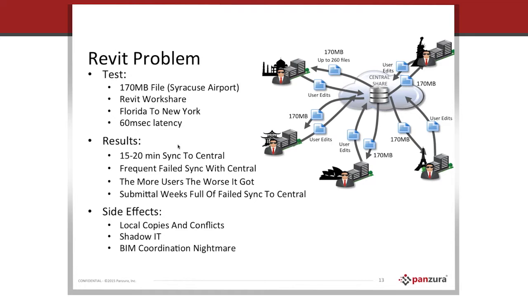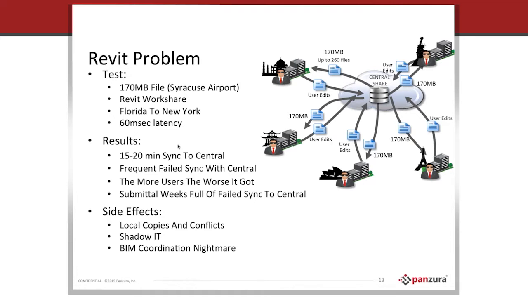The problems we looked at originally for Revit were problems like trying to share Revit in an environment where people are working across a local area network or a wide area network. You would have things like Florida to New York has typically 60 milliseconds of latency. And things like just trying to do a sync to central would take 15 to 20 minutes.